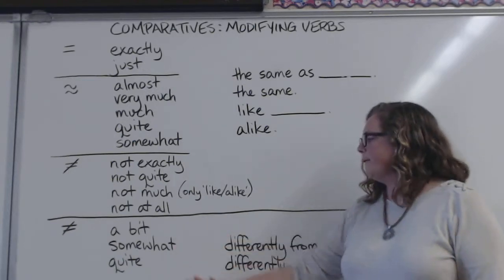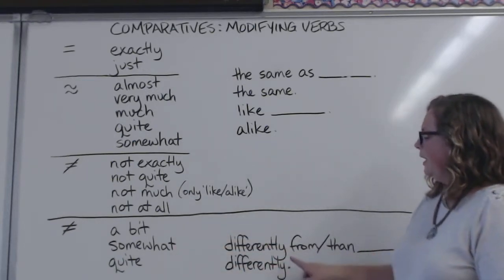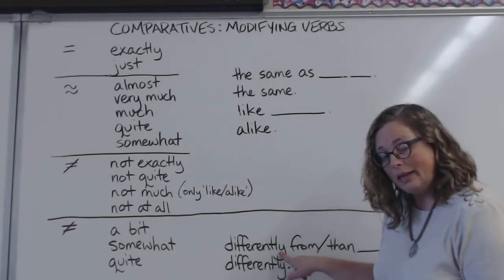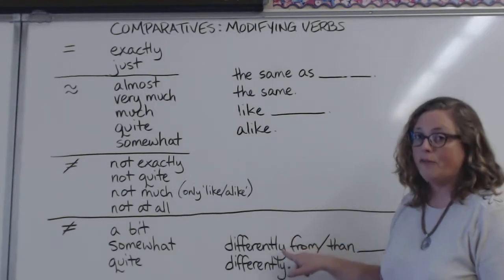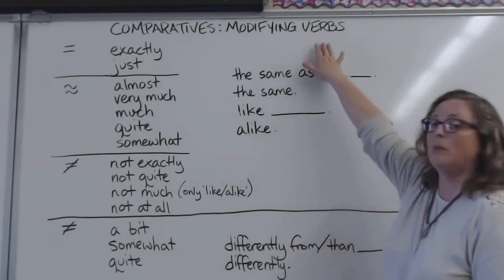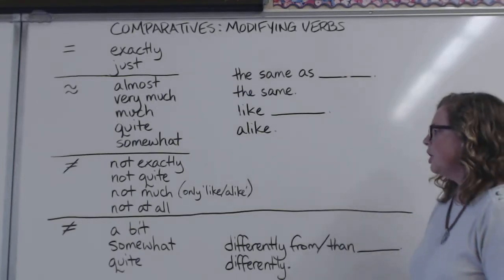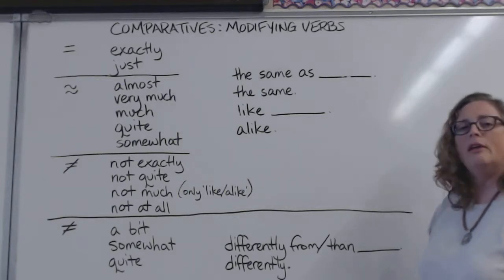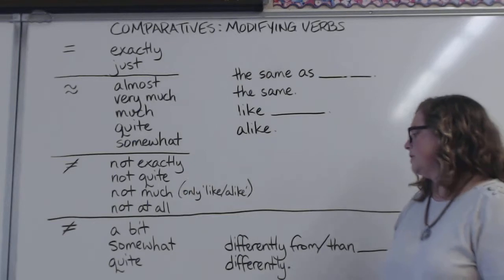And then down here, focusing on different, differently, notice this is differently. It is not different. This is the adverb because we are modifying verbs here. So I could say on the telephone, I sound a bit.